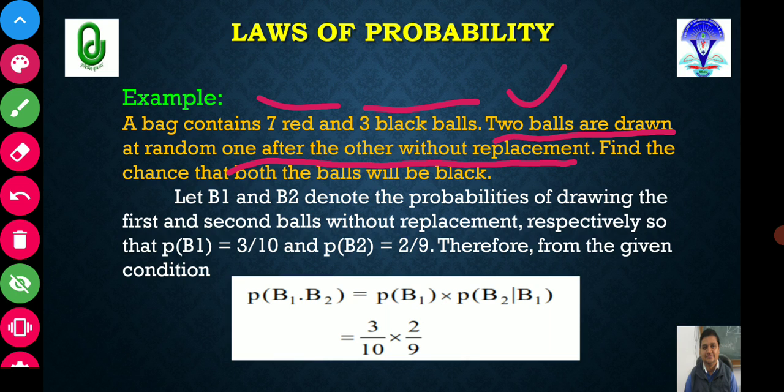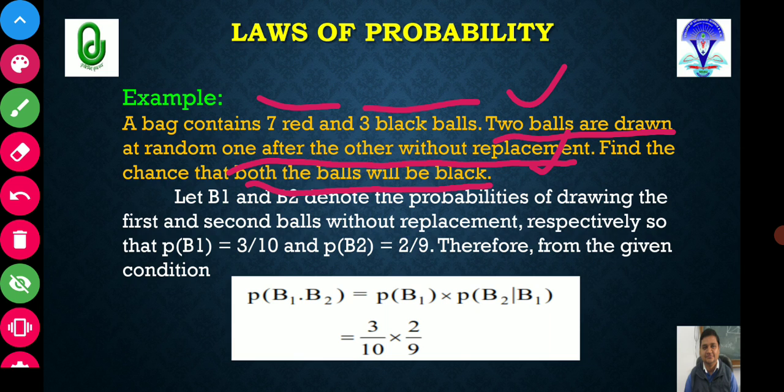This is very important: you take one ball first, and then you take the second one without replacing the first. Find the chance that both balls are black.